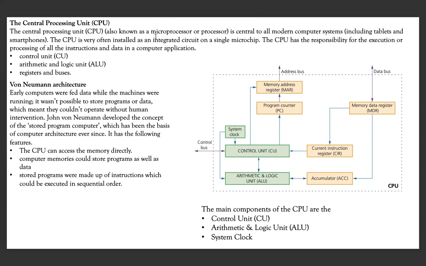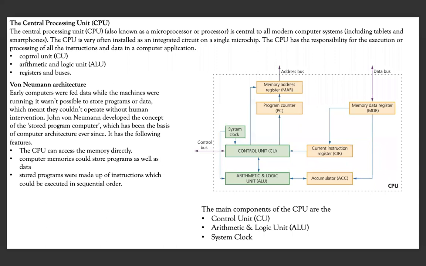What we understand about integrated circuits from the previous chapter is that they rely on synchronous parallel data transmission. So all of the cabling or the communication channels within an integrated circuit, including the communication with the CPU, are handled through a parallel synchronous channel. The CPU has the responsibility for the execution or processing of all instructions and data in a computer application.